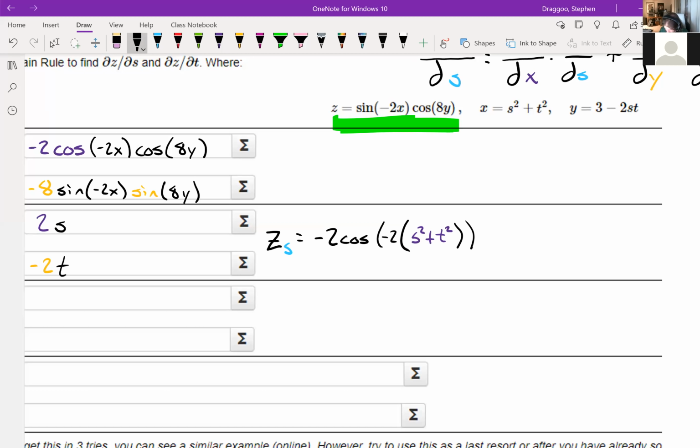Close both sets of parentheses times cosine of 8y where y is 3 minus 2st, this whole thing multiplied by the derivative of x with respect to s, which is going to be 2s.